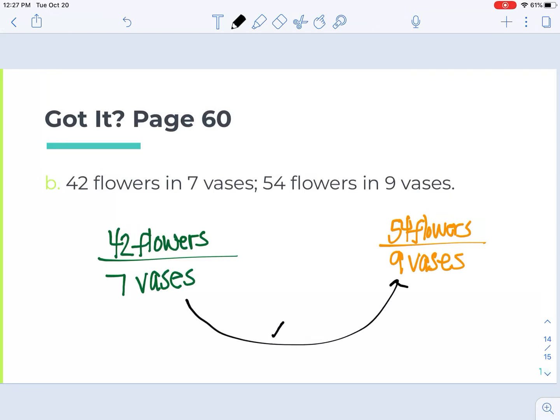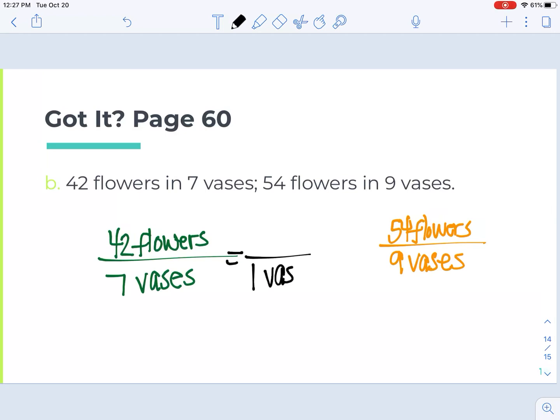That strategy doesn't work here. There is no whole number that I can multiply by there to get from 7 to 9. And there's no whole number that I can multiply 42 by to get to 54. That doesn't mean that they're not equivalent. That just means that I cannot use that strategy. So I need to use my other strategy, the unit rate strategy.